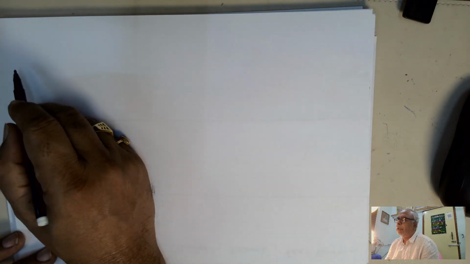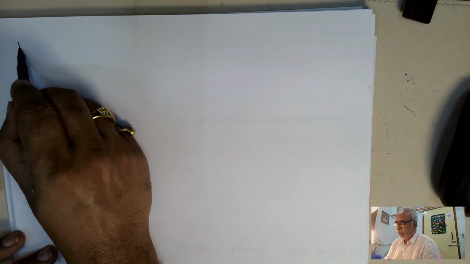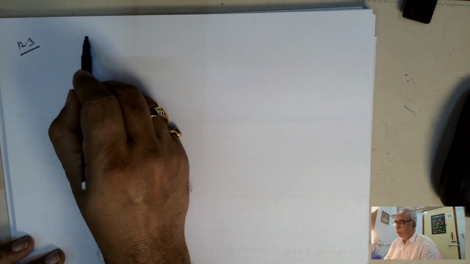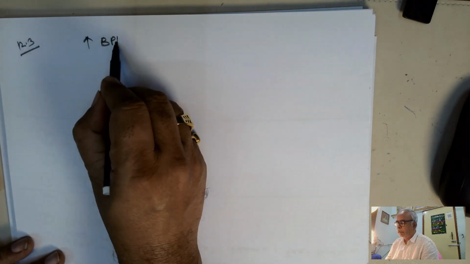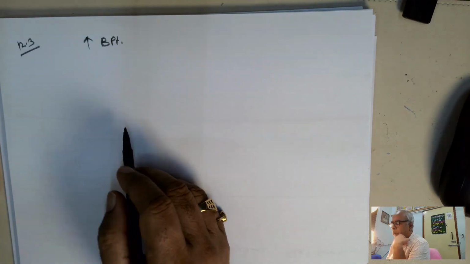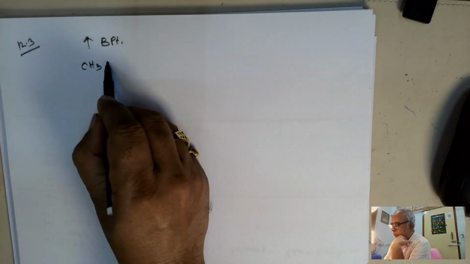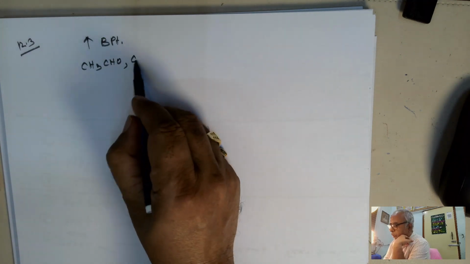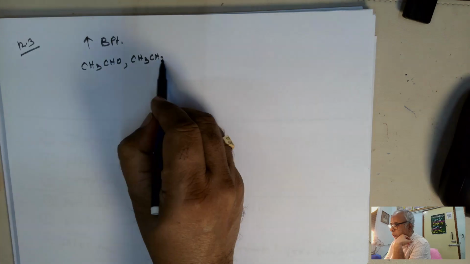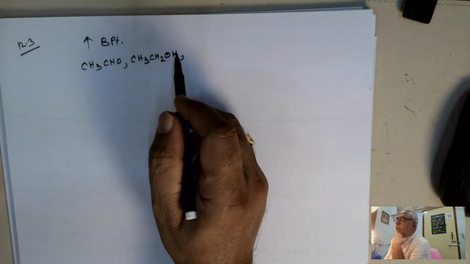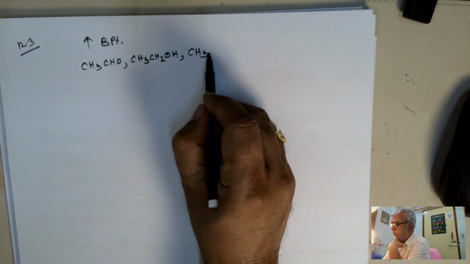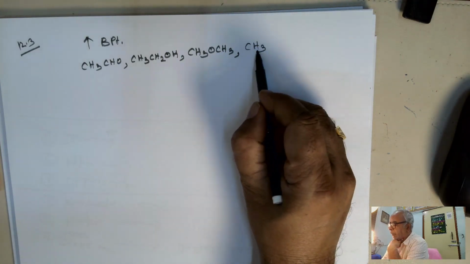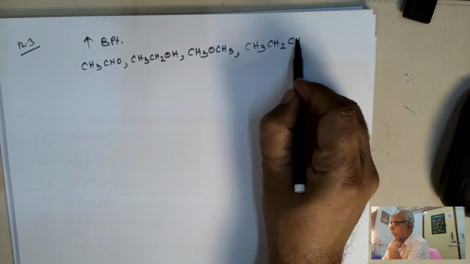Arrange the following compounds in the increasing order of boiling point. CH3CHO, CH3CH2OH, CH3OCH3, CH3CH2CH3.